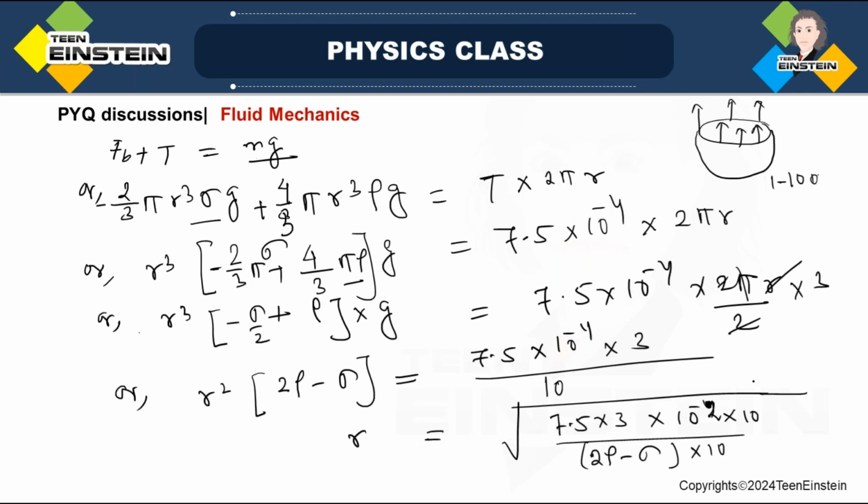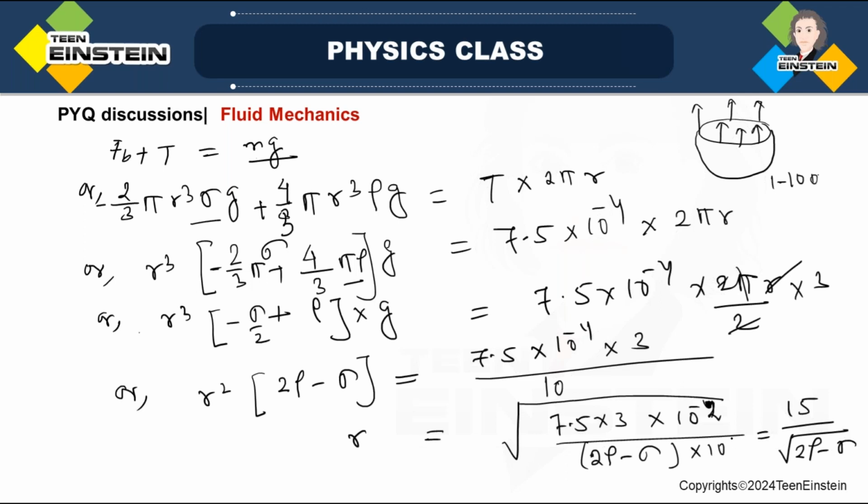So with this simplification, look further, if we do it, from here you'll be easily able to get 15 by 2 rho minus sigma.